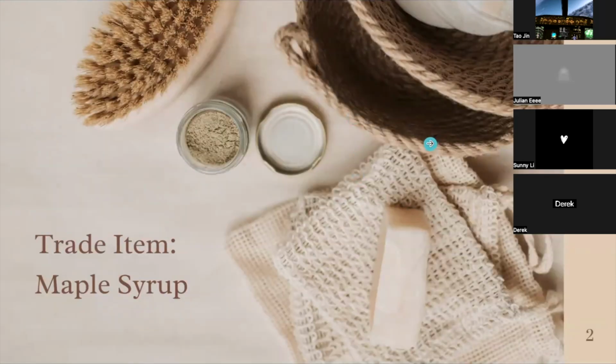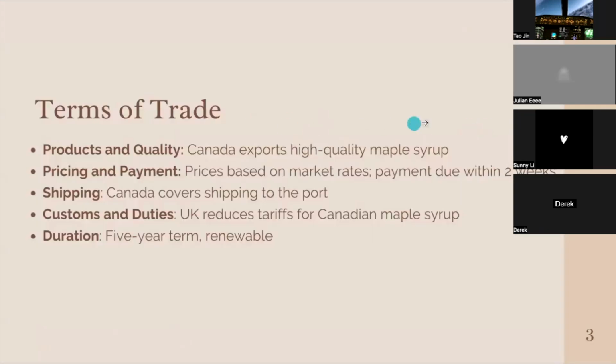Okay, so our trade item is the syrup. Terms of trade, products and quality: Canada exports high quality syrup. Pricing and payment: prices based on market rates and payment due within 2 weeks.